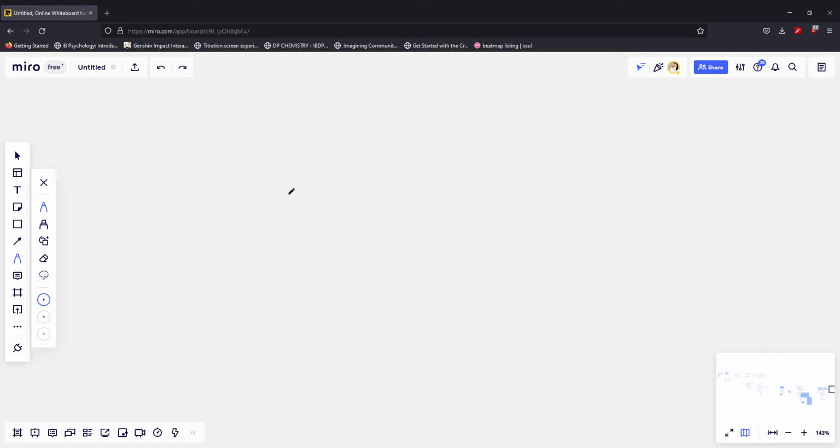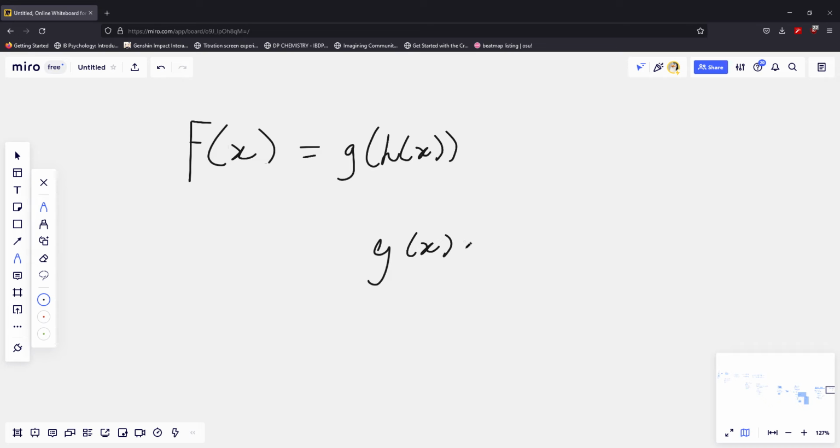It's basically saying I have a big function f of x, which is composed of two inner functions. We'll say g of h of x. Okay? So let's define g and h of x. Maybe g of x is x squared, and maybe h of x is x to the power of 3 plus 2.